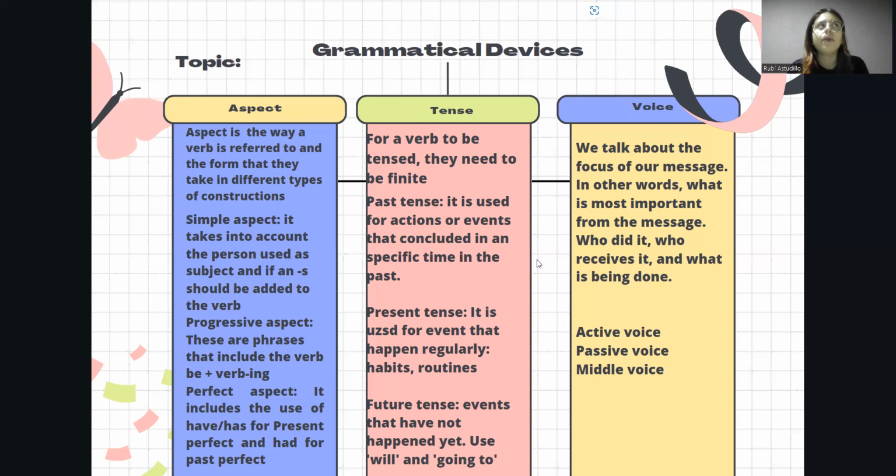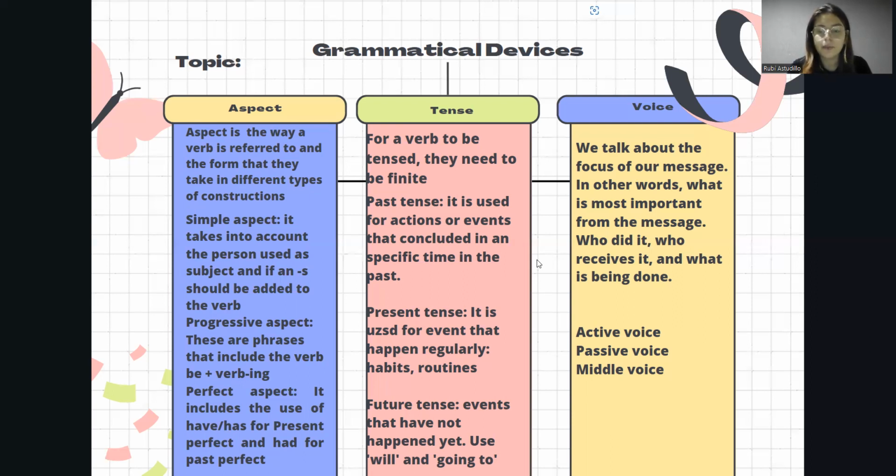we need to have in mind, as I said, we should be very aware that these three voices are very important if we want to report something. So if we want to report something in a written form, we should be aware of the voice that we're going to use. So there are some cases in which active voice is used when reporting something in a written text, and that is not correct.